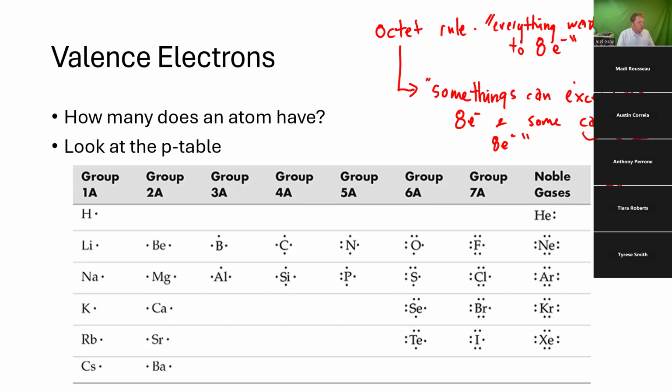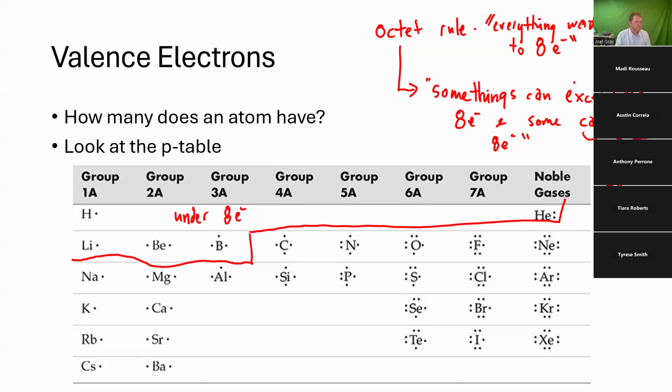Now, everything blocked off in red is under 8 electrons. Everything that I've highlighted there, those first few atoms, including boron, do not need to get those 8 electrons.